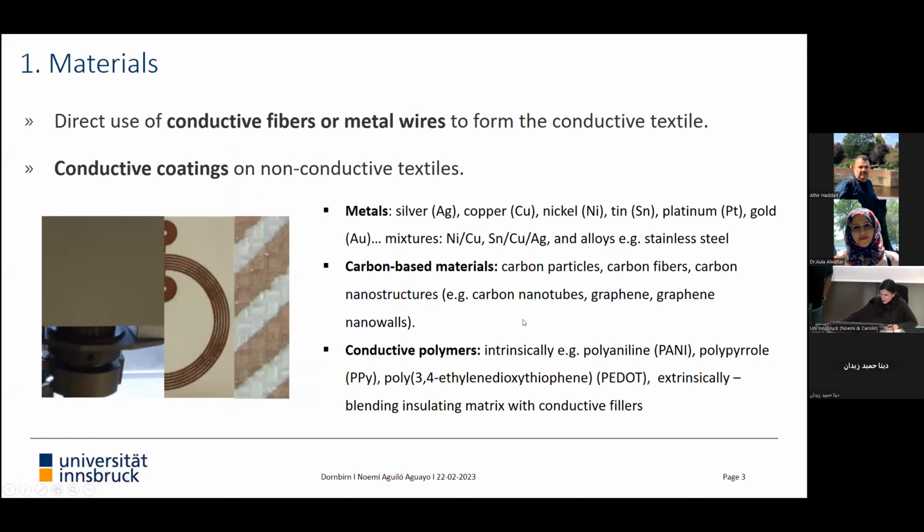Okay, sorry for the inconvenience caused. I hope you can see the slide. Materials, can you see them?